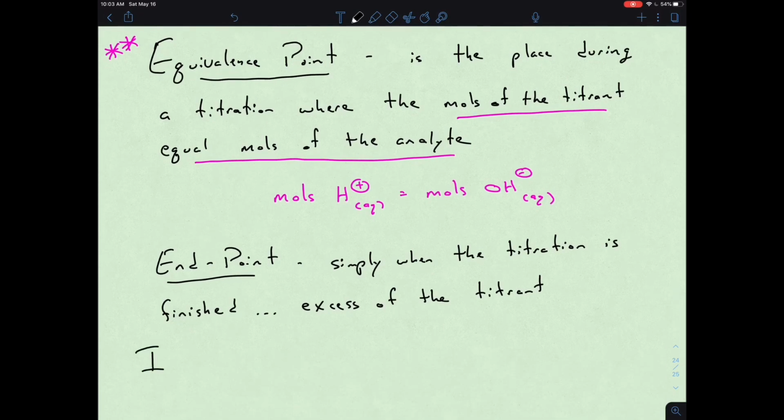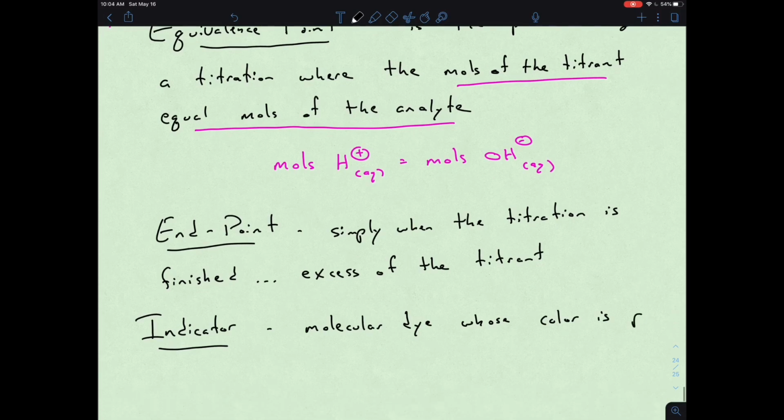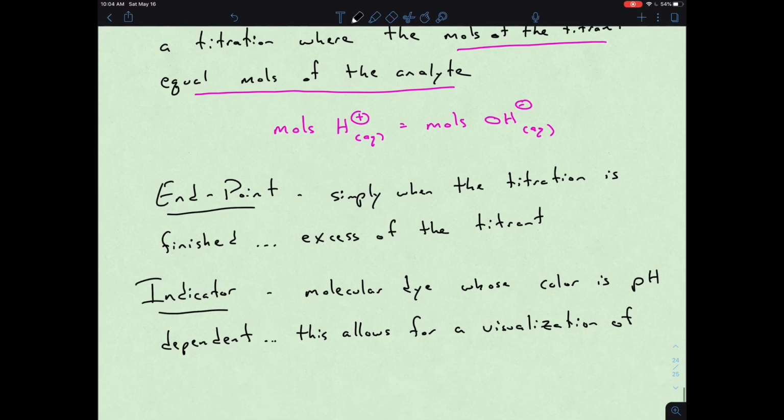And then we also have an indicator. An indicator is a molecular dye whose color is pH dependent. This basically allows for a visualization of the equivalence point.